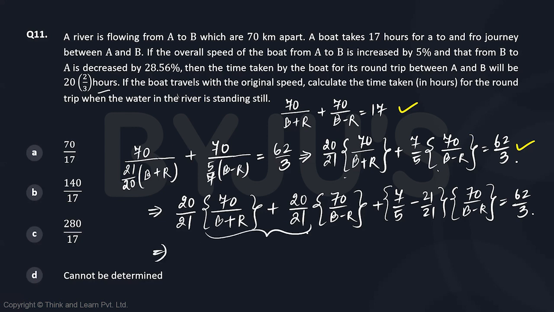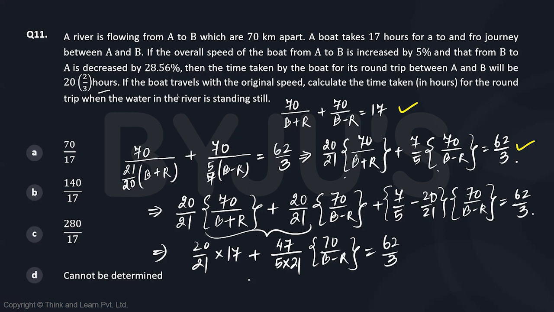The first two terms will become 20 by 21 times of the first equation, which is 17. And the next one, this was 20, right? So 21 into 7, this is going to be 147 minus 100. So this is 47 by 5 into 21 times of 70 by (B minus R). And this is given to us as 62 upon 3.